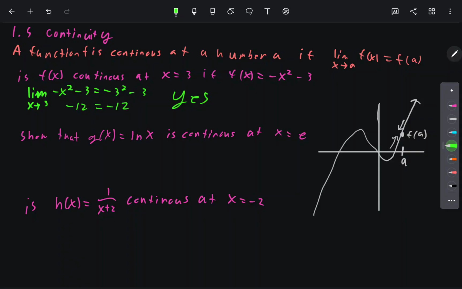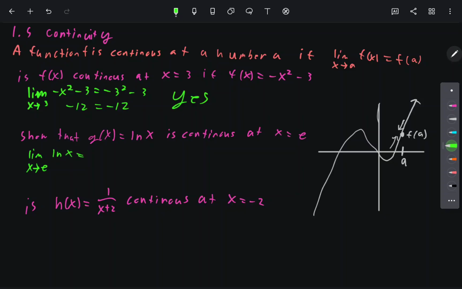We want to show that g of x equals ln of x is continuous at x equals e. So we're once again going to take the limit as x approaches e of g of x, which in this case is the natural log of x.